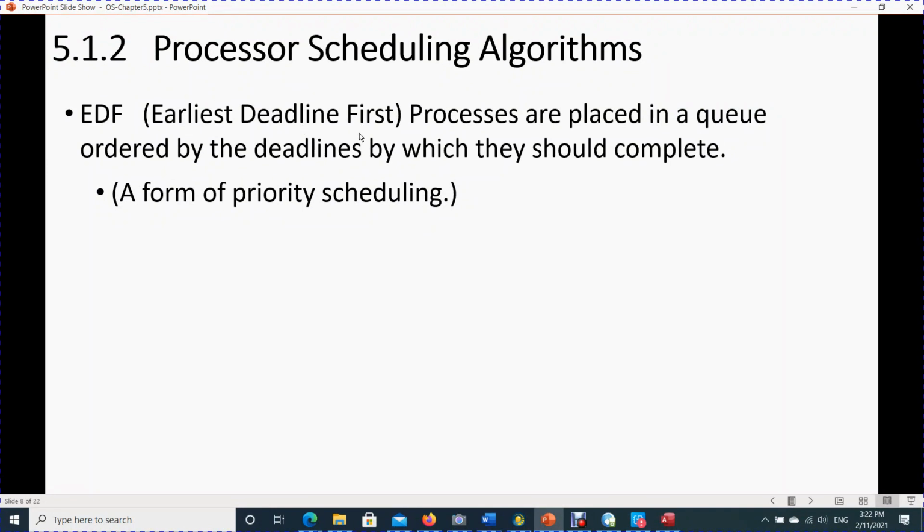EDF, earliest deadline first. This algorithm places processes into a queue that's ordered according to the deadlines for completion. This is, of course, a form of priority scheduling. It's assigning processes priorities.